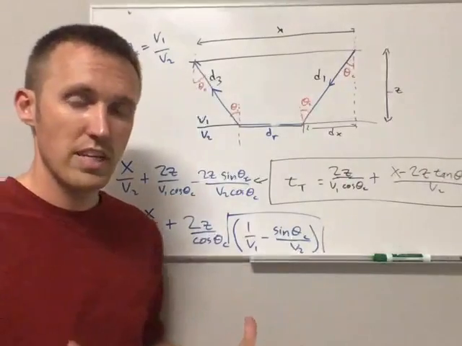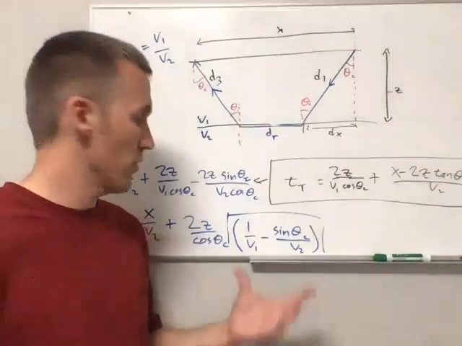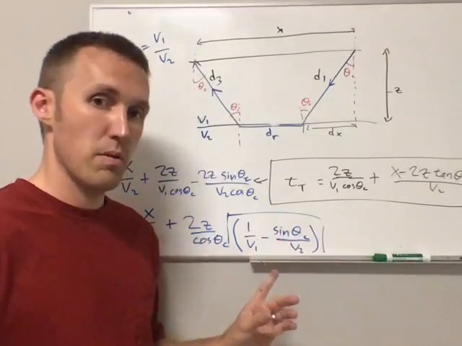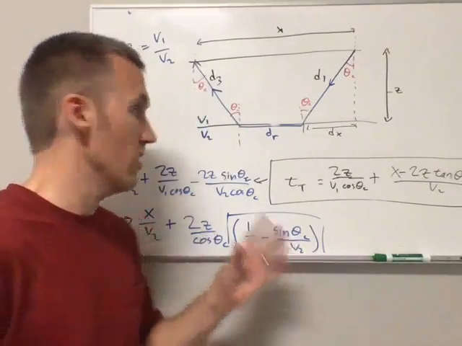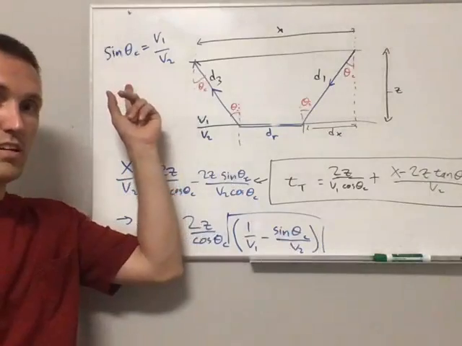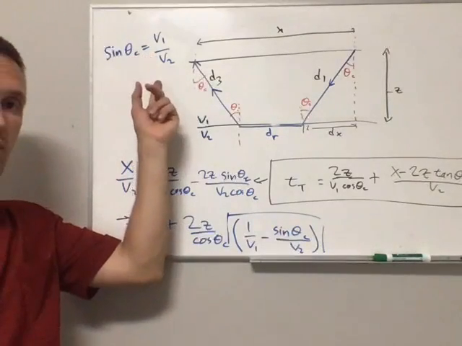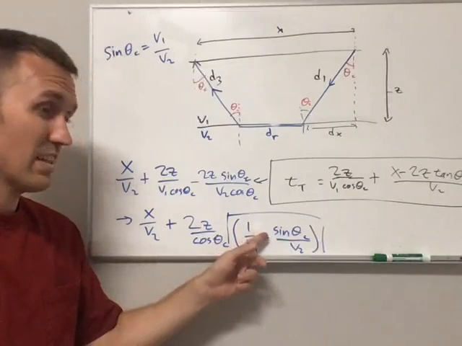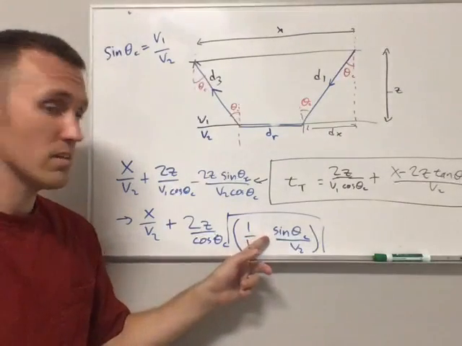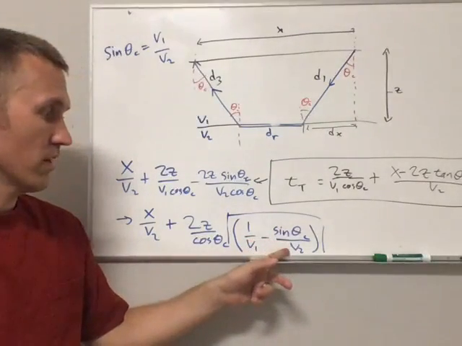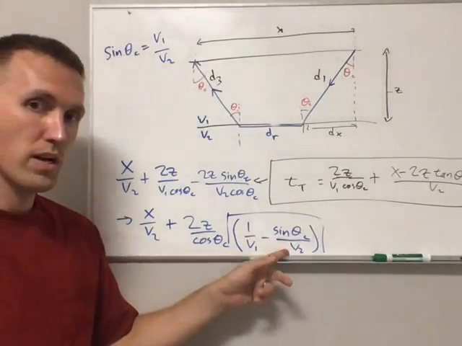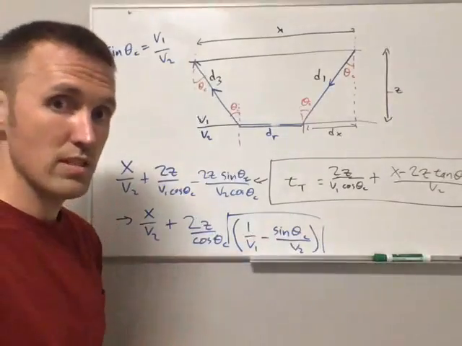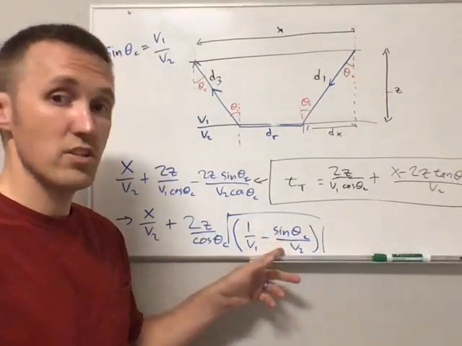Okay, so to take this to the next step to simplify it, we need to focus on this expression here. The key is to remember that one of the forms of Snell's law says that the sine of the critical angle is equal to v1 over v2. So you can see we have sine theta c right here. We also have v2. So we can rewrite one of these in terms of the other, and then use that to simplify. So let's do this with v2.